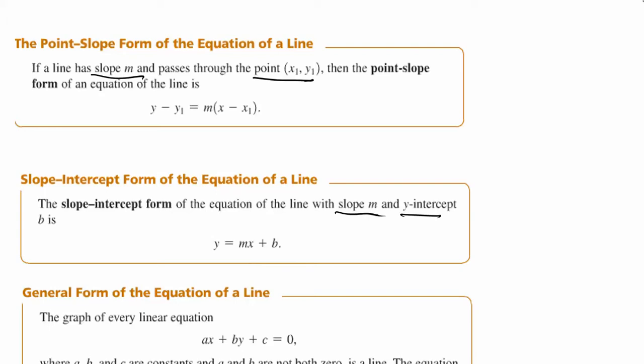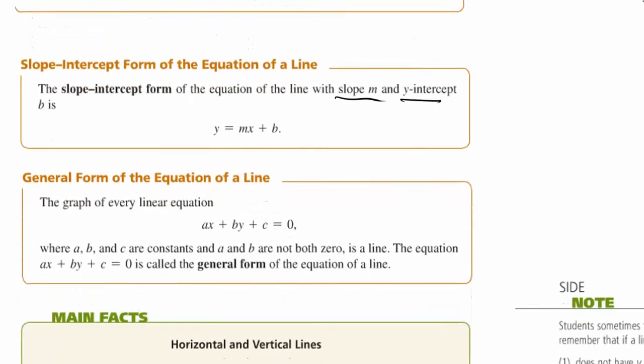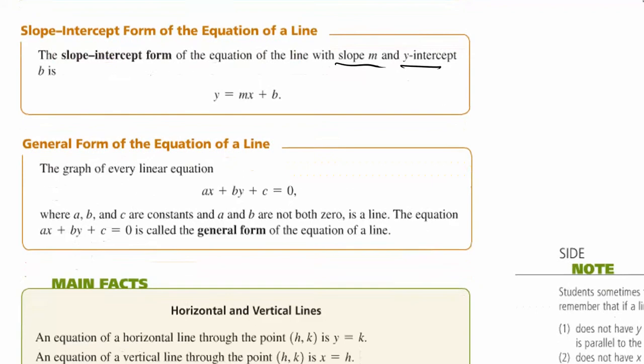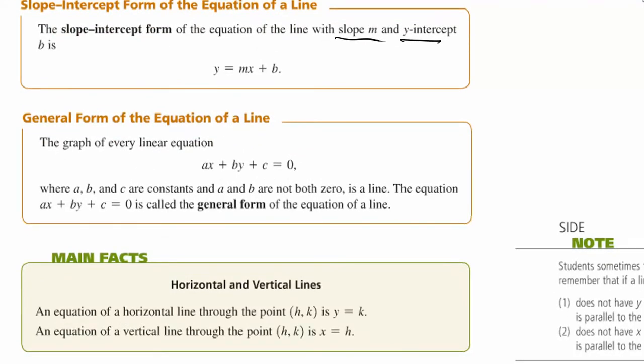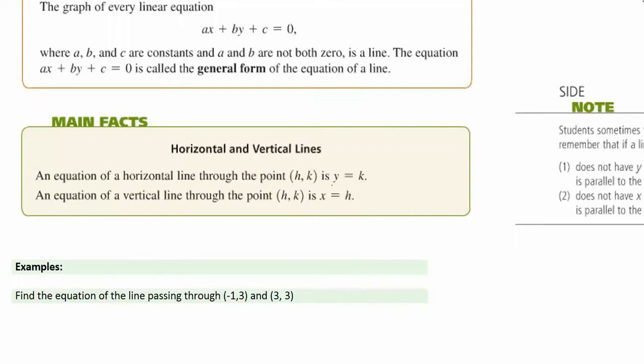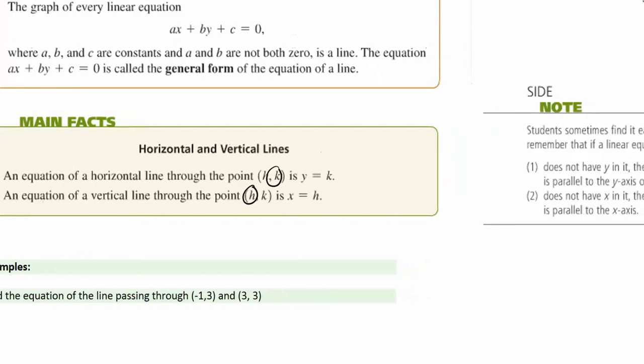And then this is the general form of a line, which you don't see very often, but it comes up here and there. So I just wanted to show it to you. Notice the equation of a horizontal line is always going to be y equals k, whatever the y coordinate is. And the equation of a vertical line is always going to be x equals h, whatever the x coordinate is, always the same value. So this is a nice little side note.